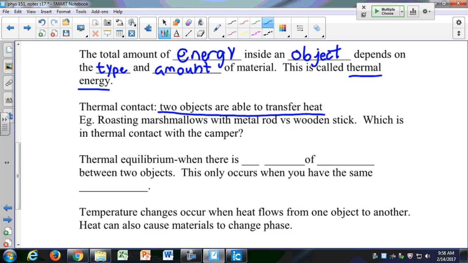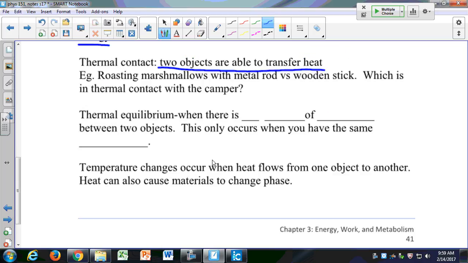But then we got these fancy, dandy marshmallow forks. They get really long, they extend out, and they have plastic handles. You know what I'm talking about? So that when you put them into the fire, you're not in thermal contact. You're actually protected because one, you have a longer distance, and then you also have the plastic handle to insulate it. So thermal contact just refers to being able to transfer heat.